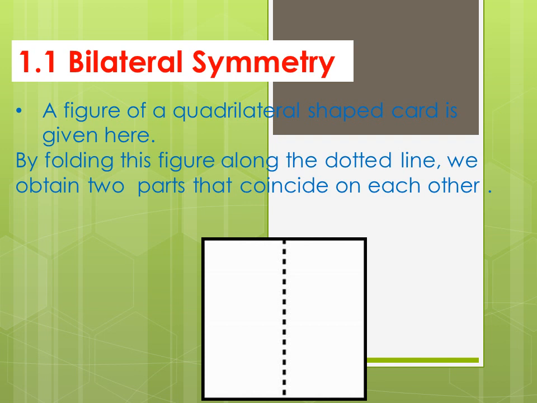Just take a piece of paper and fold it over, and you can get two parts which coincide on each other. Over here you can see a dotted line, and the dotted line is from the place where you fold the square. Okay, let's go.